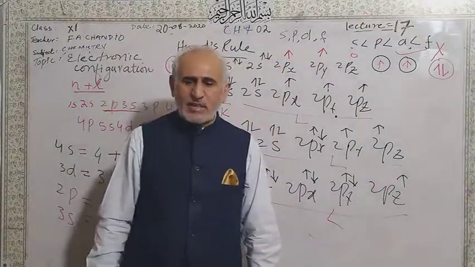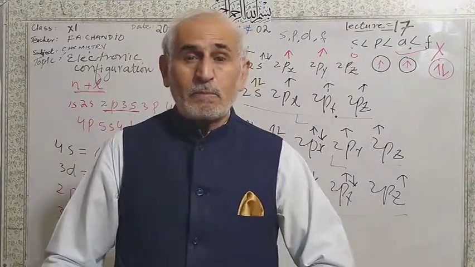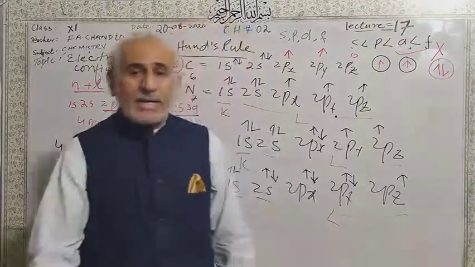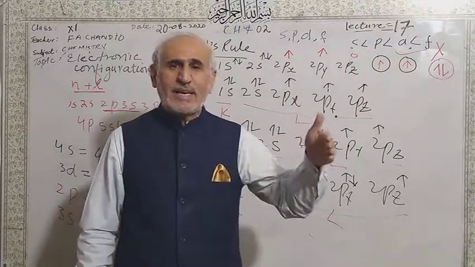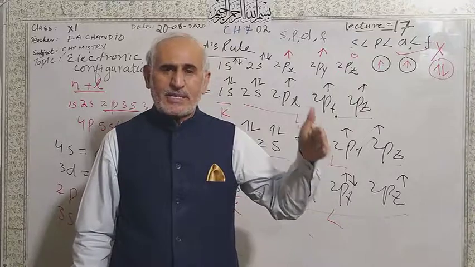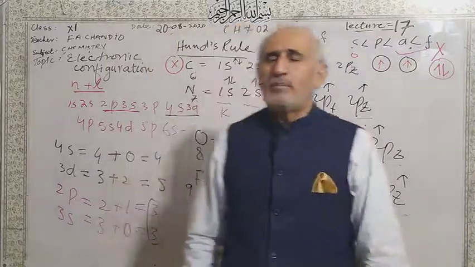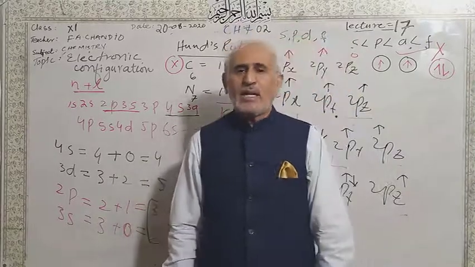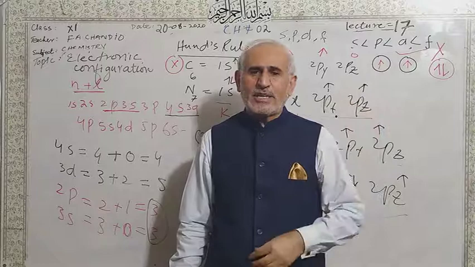Group number 7 is the most electronegative group in the periodic table. And fluorine has the smallest size, because there are 2 shells and the nuclear charge is high, and the 7 valence electrons are more attracted towards the nucleus.